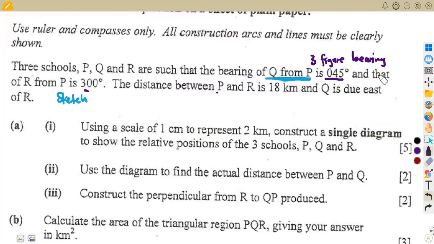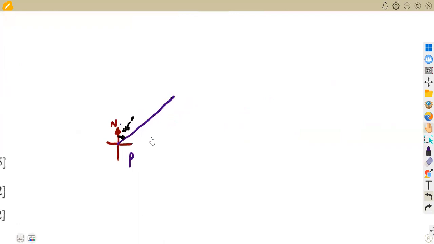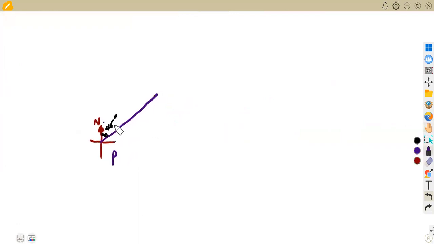From the same point P, the bearing of R from P is 300 degrees. From the same point P, we are going to move an angle of 300 degrees, meaning we have got 0, 90, 180, 270, back to 360. So we expect 300, remember our direction is clockwise.